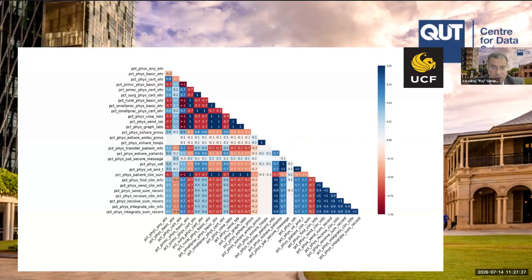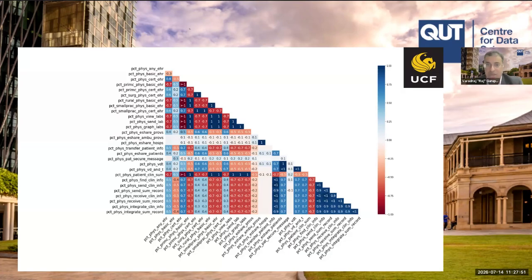These are your variables or components in an electronic health record. This will tell you, if this record is missing, what is the correlation that the other record is also missing? And what is the correlation that it is not missing at all? So, the positive and negative correlation.